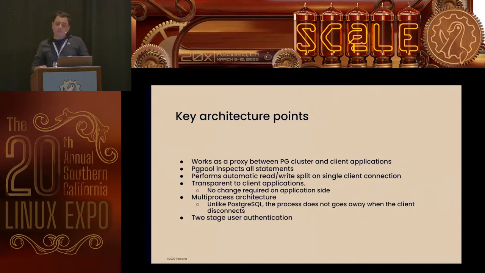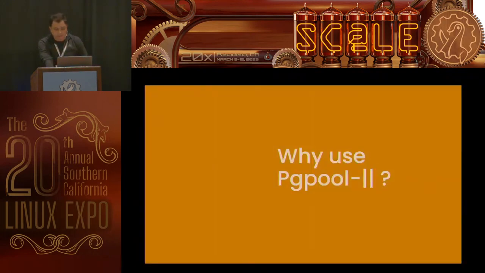So you can use any authentication method which is available in Postgres, but that authentication is handled first by Pgpool, and once that is done, it is forwarded to the backend Postgres. So these are the few points I think need to be kept in mind when deciding to use Pgpool for any application.